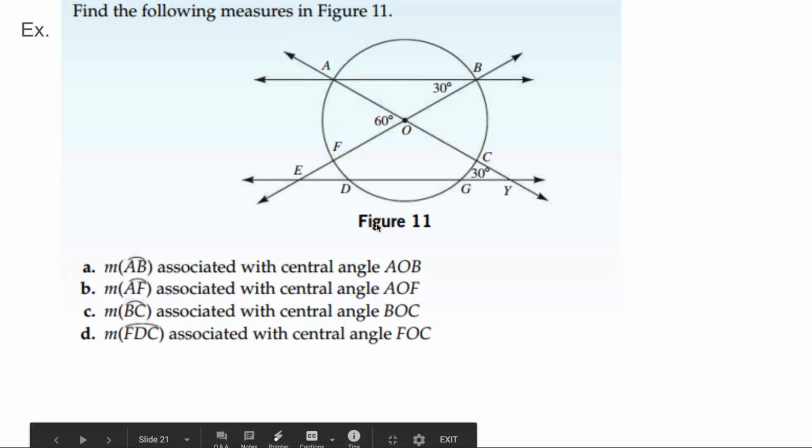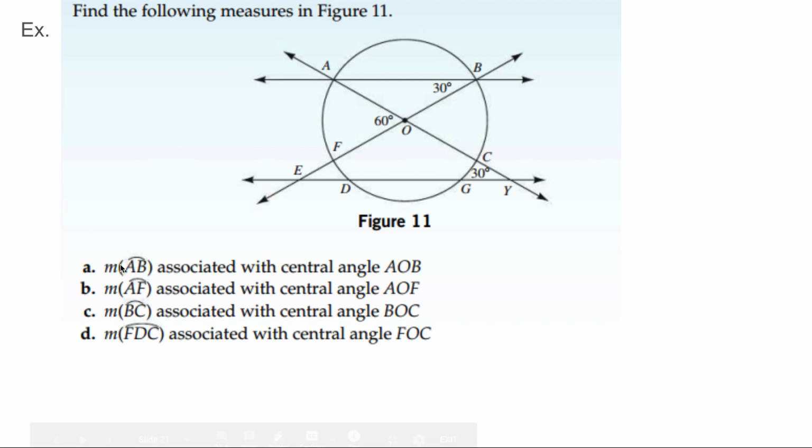Okay, so here's one example. How to read this one? This part only in the parenthesis is arc AB. If you have anything like italicized M like that, it means measure. So measure of arc AB. Measure of arc AB, again, that is minor arc, right?